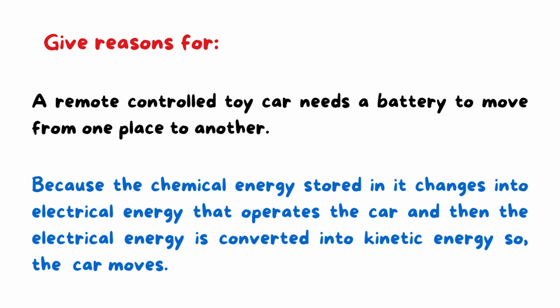Here we say the energy chain, how the energy converts from one form to another, from the chemical energy in the battery until we reach the kinetic energy that makes the car move.